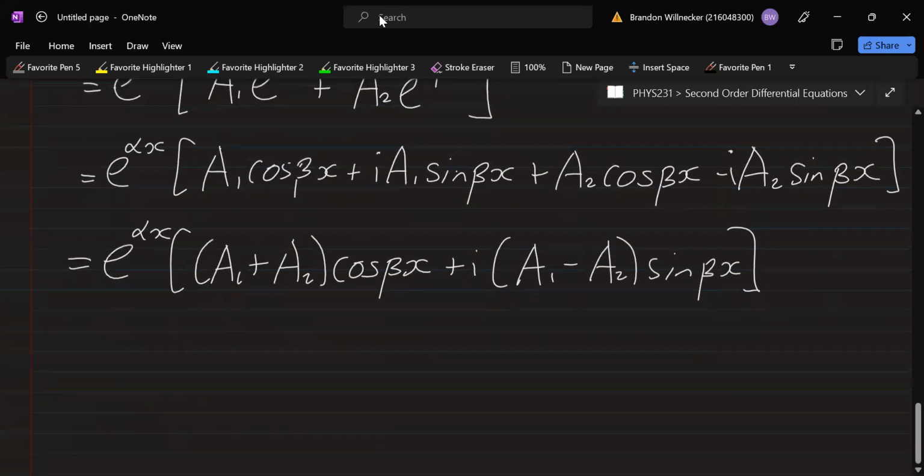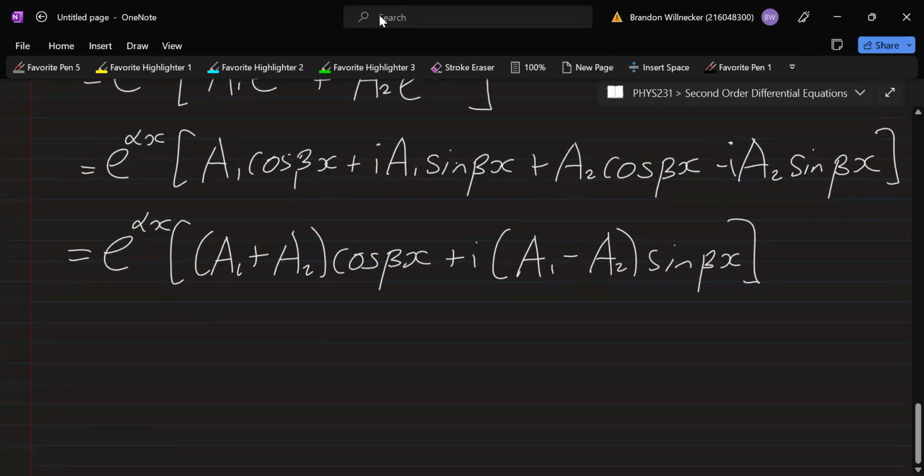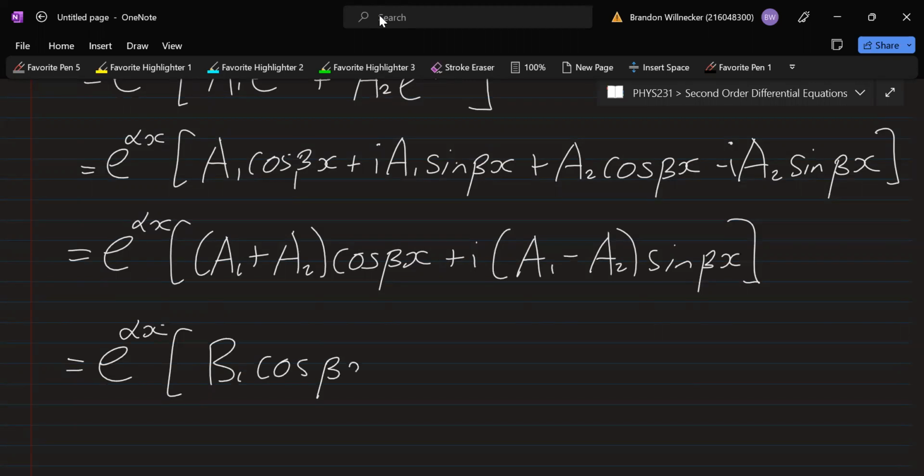Now instead of the sum and difference of a1 and a2, since those are just constants, we can define new constants to make this easier. So we write this as e to the alpha x times (b1 cos beta x plus b2 sine beta x), where we call the sum b1 and the difference times i b2.